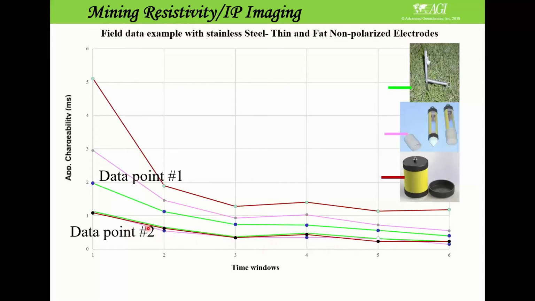Just two data points. In the first data point 2, you can see that when I use stainless steel electrodes with thin and thick non-porous electrodes, you don't really see too much difference in one of the data sets. But in the other data set, data number 1, it shows a little bit of difference, but they all get the decays easily.